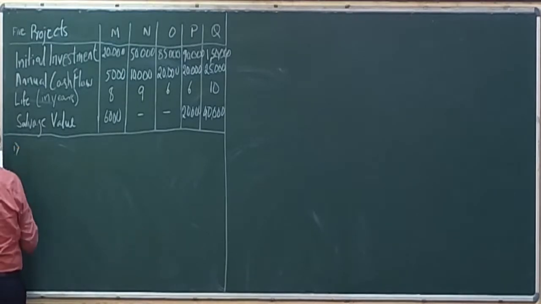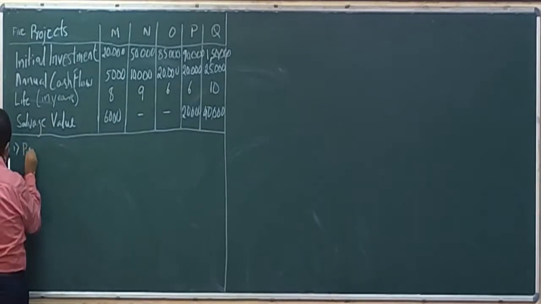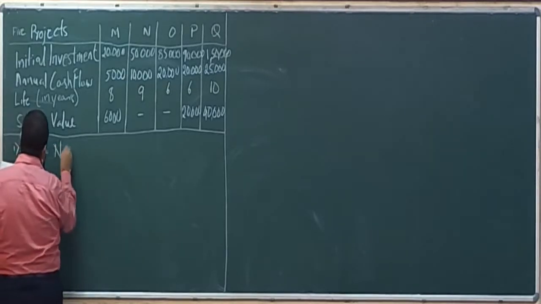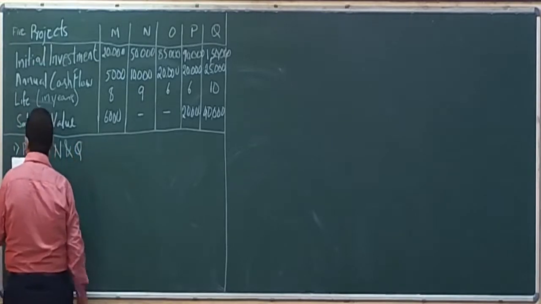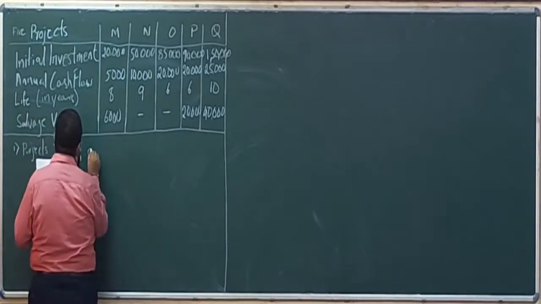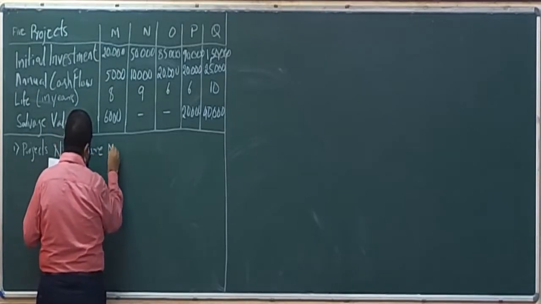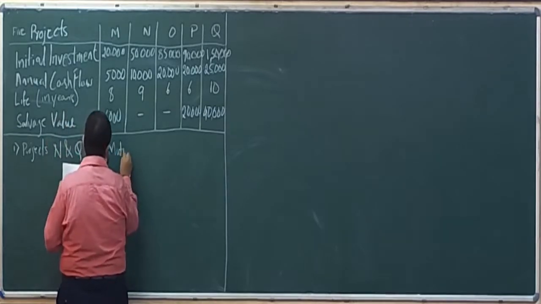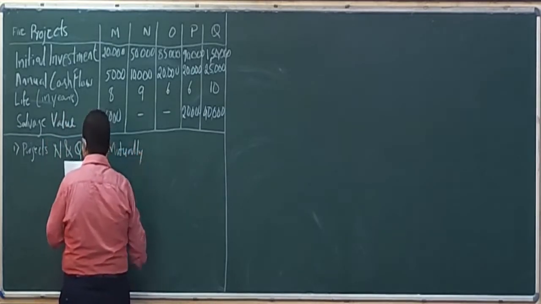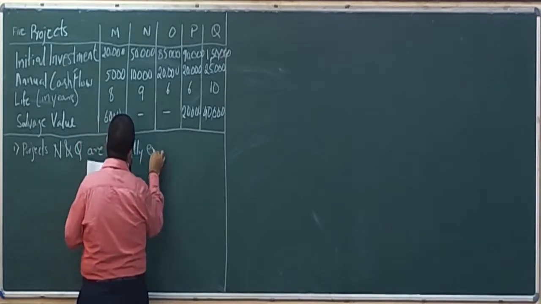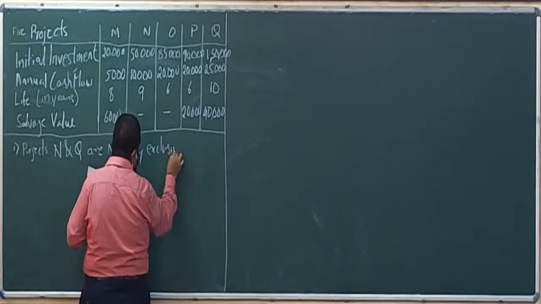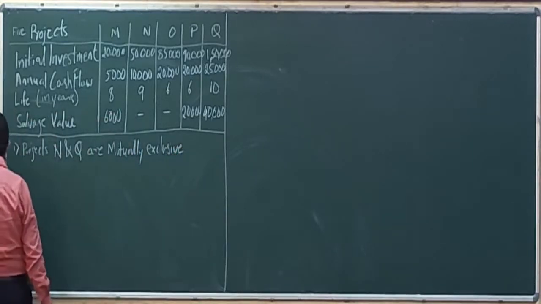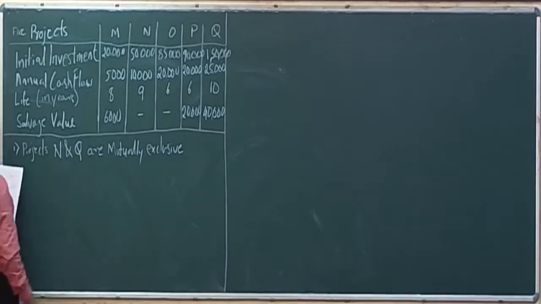Point number 1, projects N and Q are mutually exclusive. Otherwise the projects are independent.